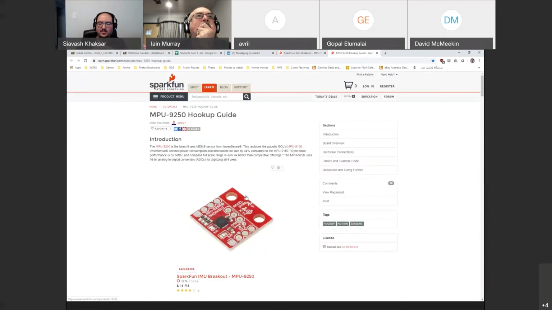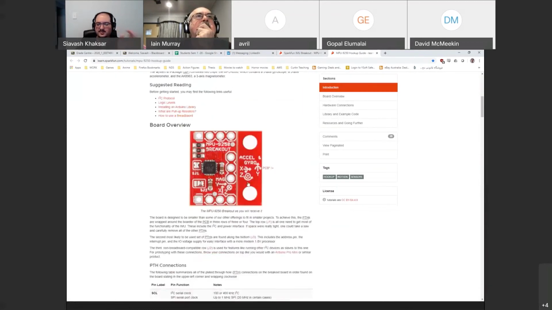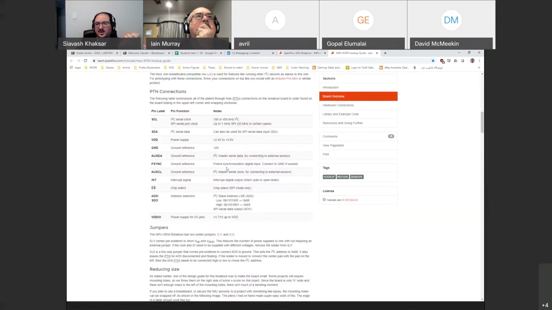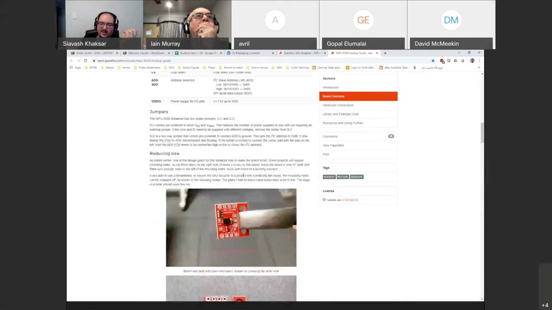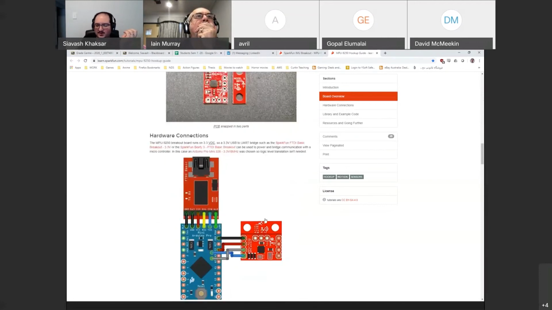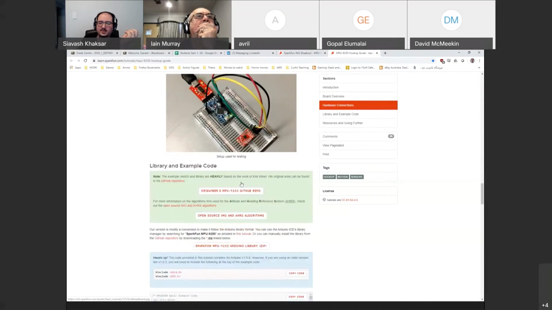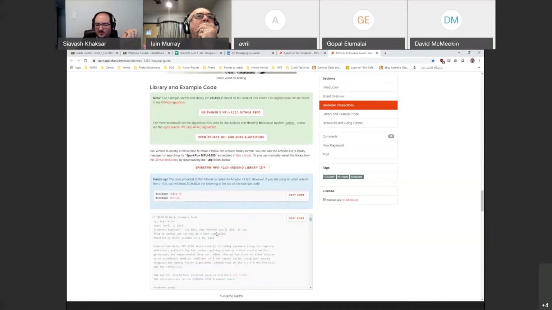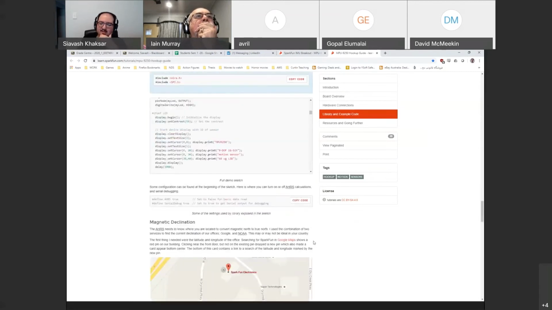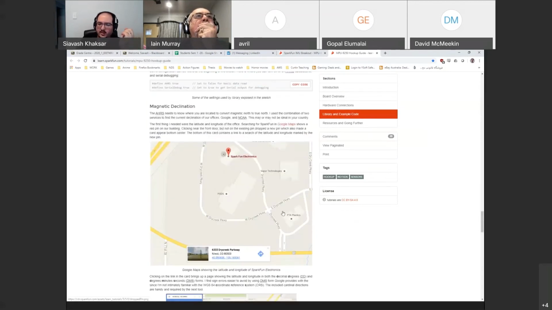With that hookup guide, they'll have information about the sensor pins. Think of it as a more user-friendly data sheet that they offer. They tell you how you can connect it to devices, a step-by-step guide in the connection, and of course, also inclusion of sample codes to get started with working with them. So this is where I would typically start working with the sensor. It's a good idea to look at these places for initial information.